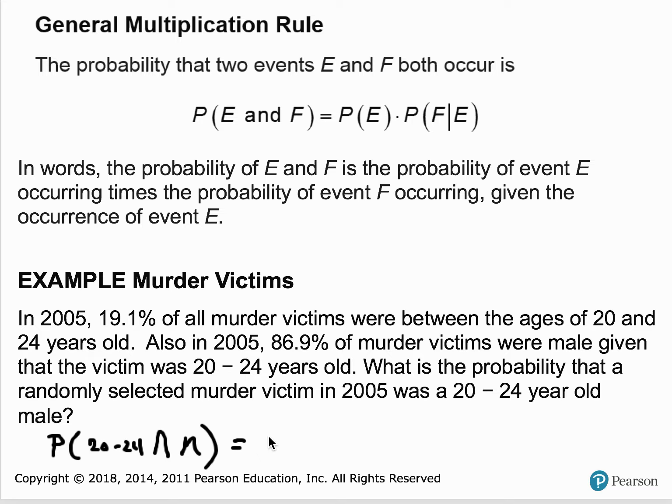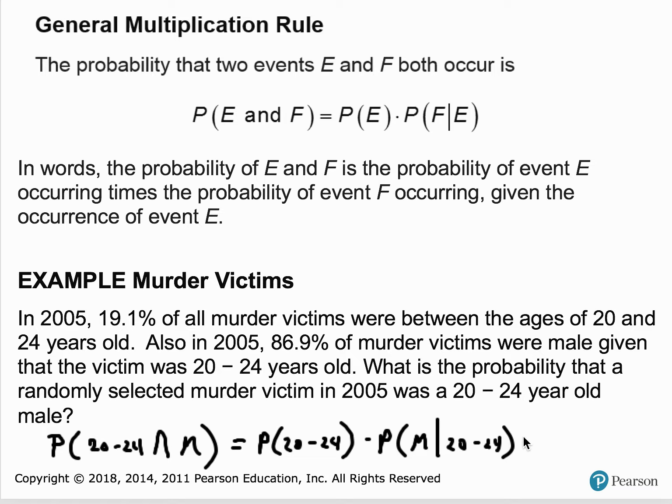That means I need to find the probability that he's 20 to 24 years old, and then I'm going to multiply it by the probability that he's a male, given that he's 20 to 24 years old. Okay?